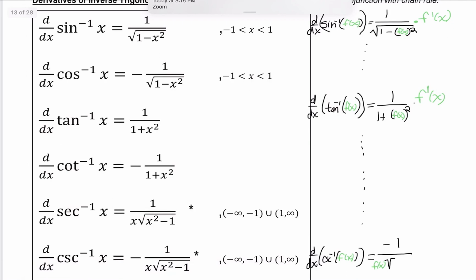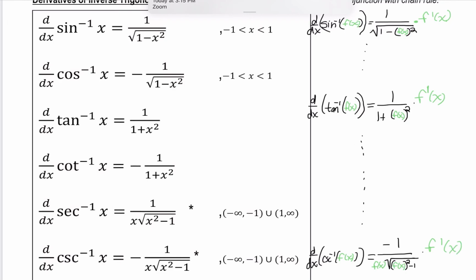And then times the square root of, and then there's an x, so that inside left alone, so the f of x quantity squared minus 1, that's all under the radical there, and then times the derivative of the inside, so times the f prime.